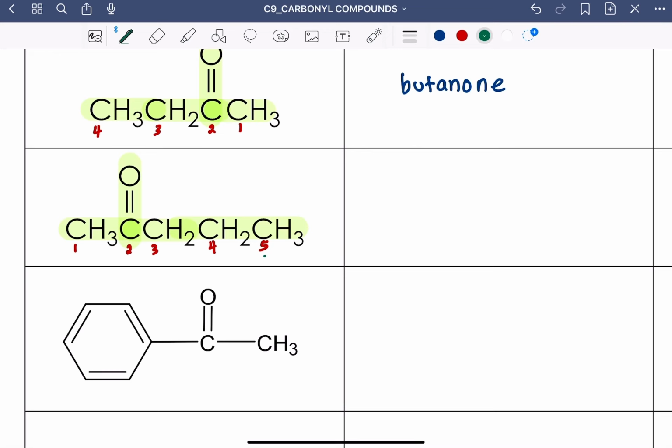Why don't we number it with this green? The same reason, we try to locate the functional group at the lowest number carbon as possible. So the green one is not possible.